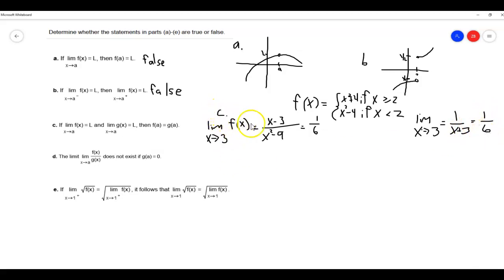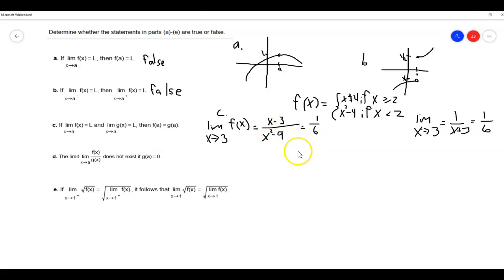Sorry, I'm kind of messing around here. So both of these limits are the same value. They're both going to end up being 1 over 6 because we were able to remove that x minus 3 out of both the top and the bottom here.